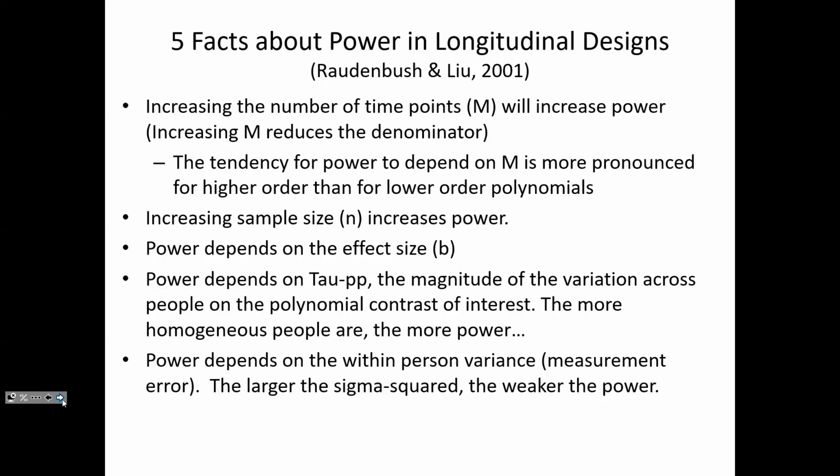Increasing sample size also increases power. And obviously, power depends on the effect size. If we're thinking about the difference between a treatment and a control group in terms of their growth slopes, for example, obviously the bigger the effect, the more power. But power also depends on this tau, the between person variance in the slopes.